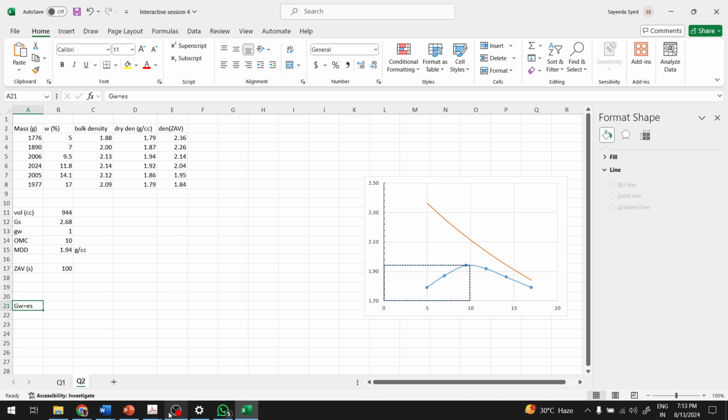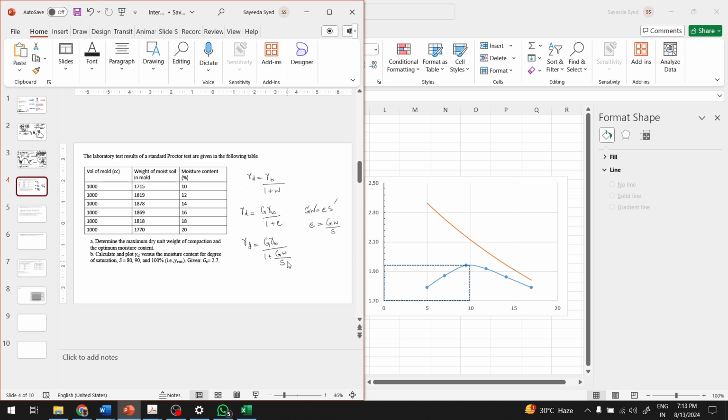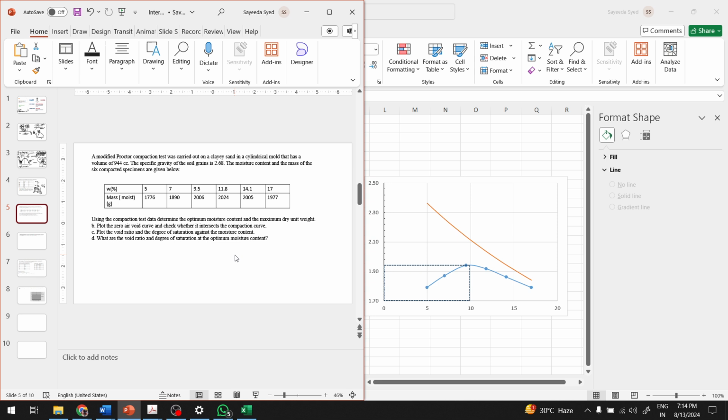Okay, so from here what we will do is we will back calculate the way we calculated the ZAV here. We calculated the theoretical density. Now let us keep this as the experimental density values that we have, and we will use this formula, gamma D equals G gamma W by 1 plus E. Let me write it here.